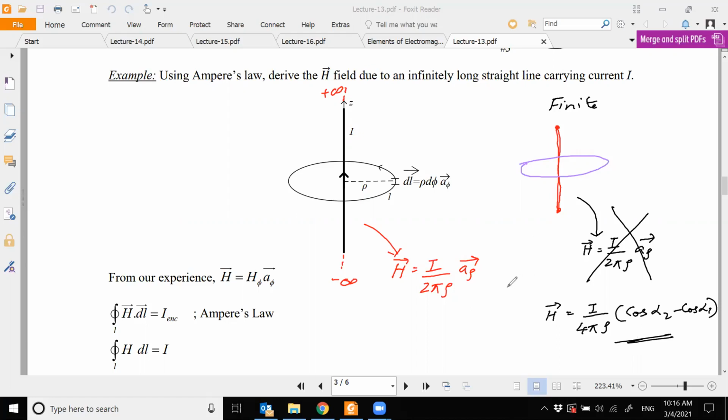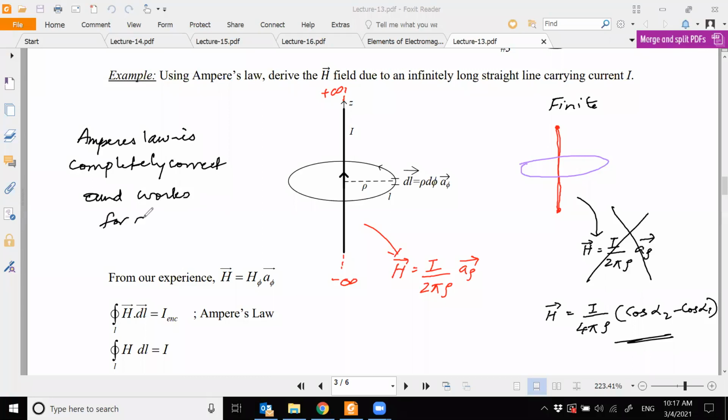Ampere's law is completely correct, and it works for all practical cases.